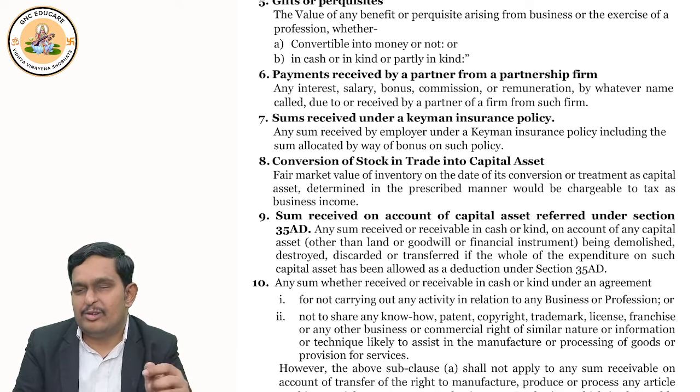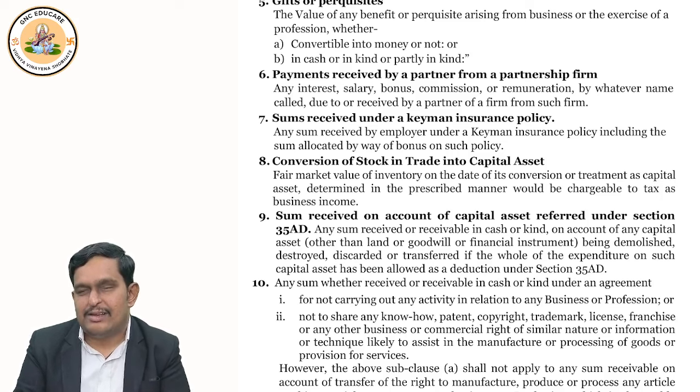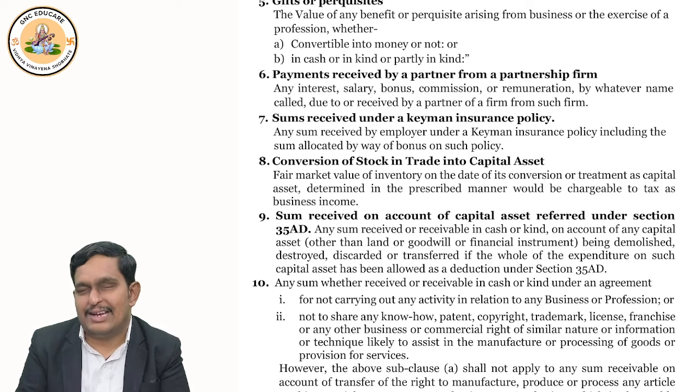So when you get that insurance compensation, it is taxable under PGBP. Look, when you spent, you got deduction, correct? Under 35AD. When you get the money back, it should be taxed. That's it. Okay. As simple as that.